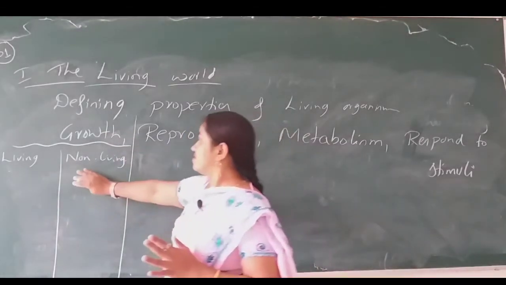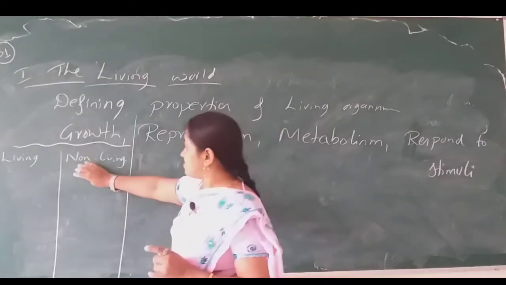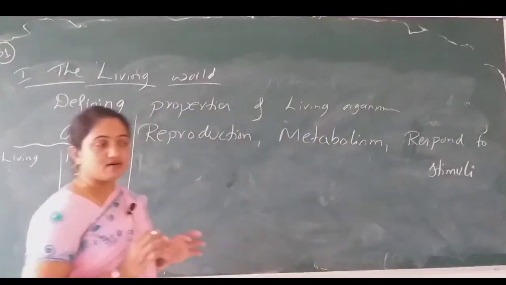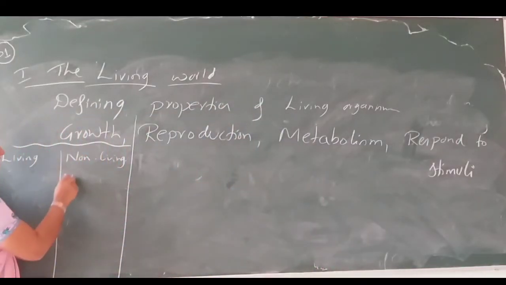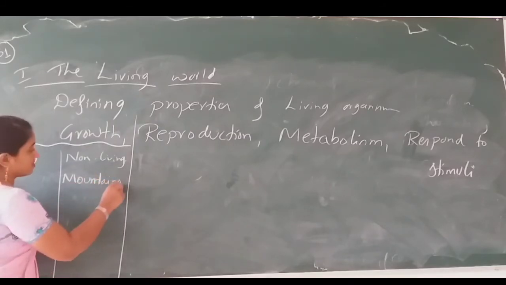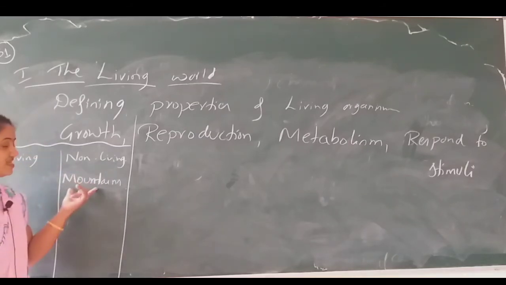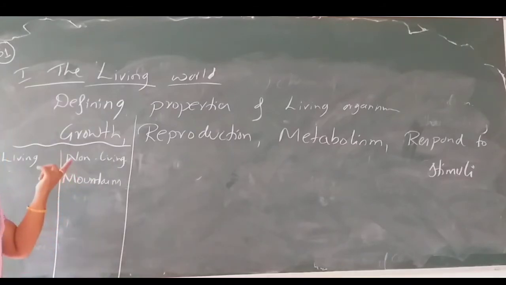Okay, so this is how we can differentiate under this property. If we give some explanation for the non-living things, here I'll take one example: mountains, the rock. These are all non-living. Don't they grow? Yes, they definitely grow. Growth takes place in the non-living organisms also.